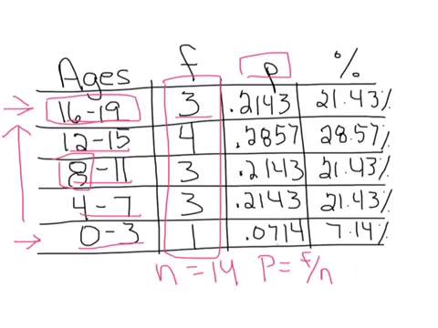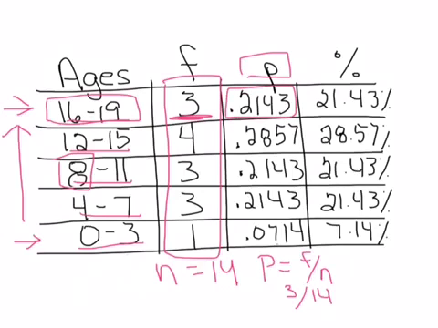We had 3 people. Now with the frequency of 3, that is our 3, and we're going to divide that by how many total possible? So 14. So that's how I came up with this 0.2143.